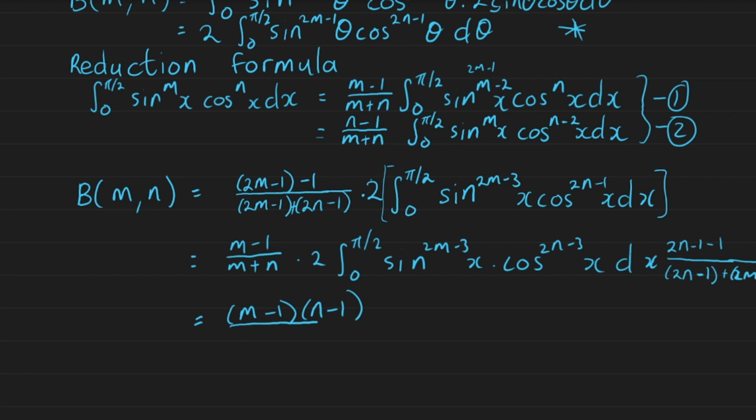And now this is divided by, sorry, there should be a minus 1 there as well. So we have m plus n minus 1. And also we're going to have m plus n minus 2. The reason why we have m plus n minus 2 is because of this term.